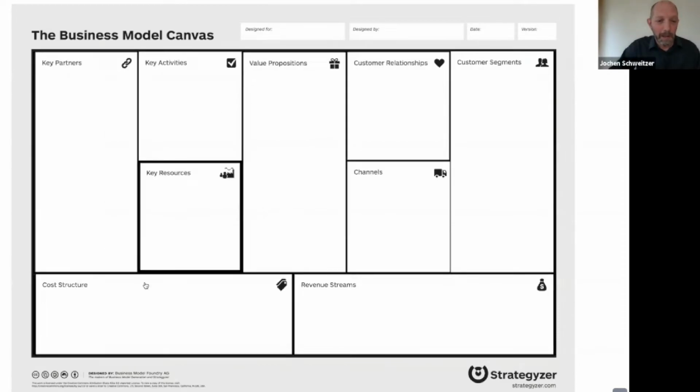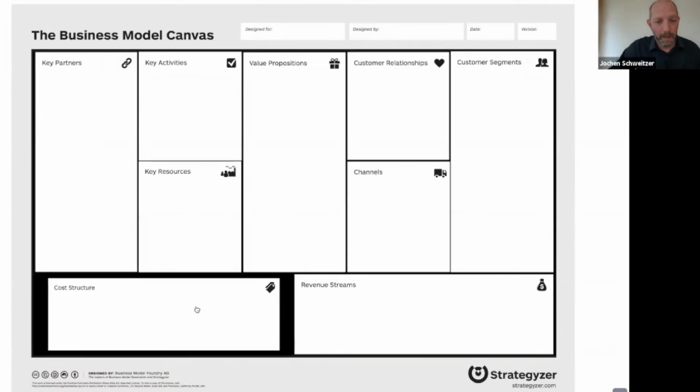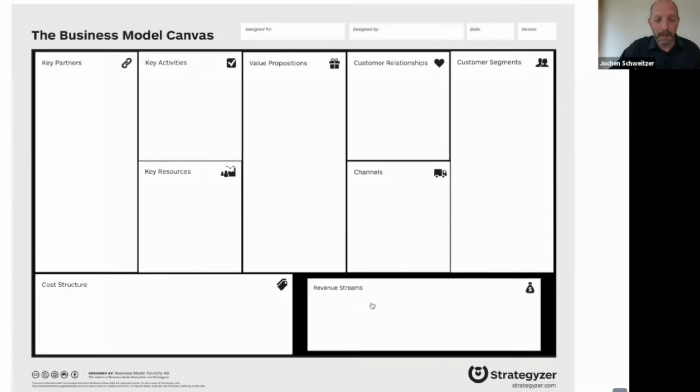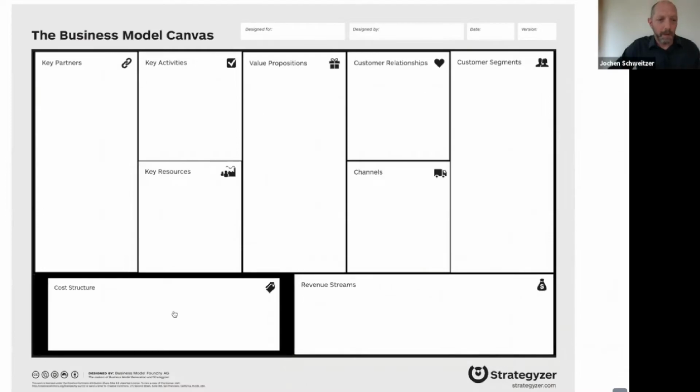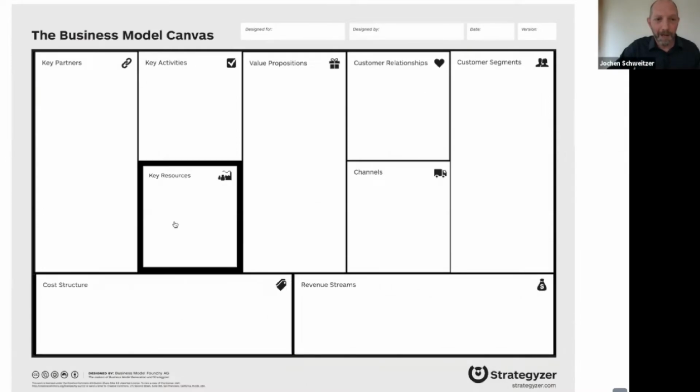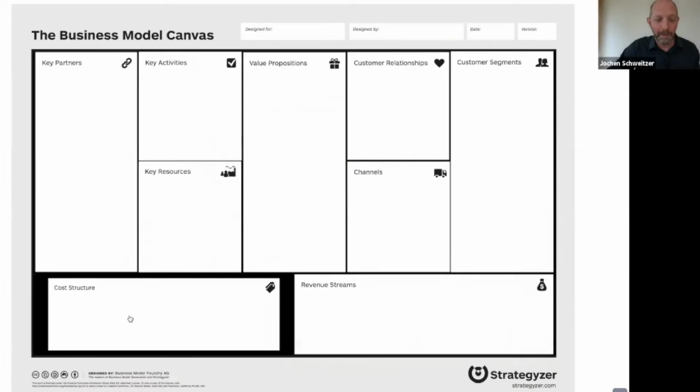Now, looking at the lower part of the model here, we have the cost structure and the revenue streams. Thinking of cost structure really is thinking about key resources and activities and figuring out which of these activities and resources drive the most cost in producing and delivering the product or the service to our customers.